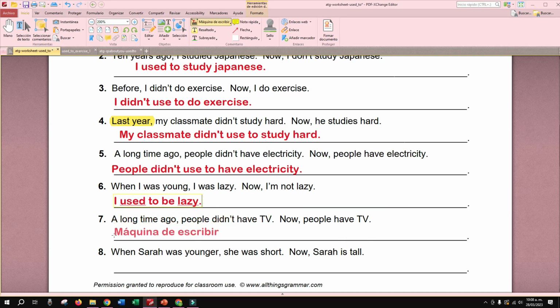That's good. 7. A long time ago, people didn't have TV. Now people have TV. A long time ago, right? Which could be that one?